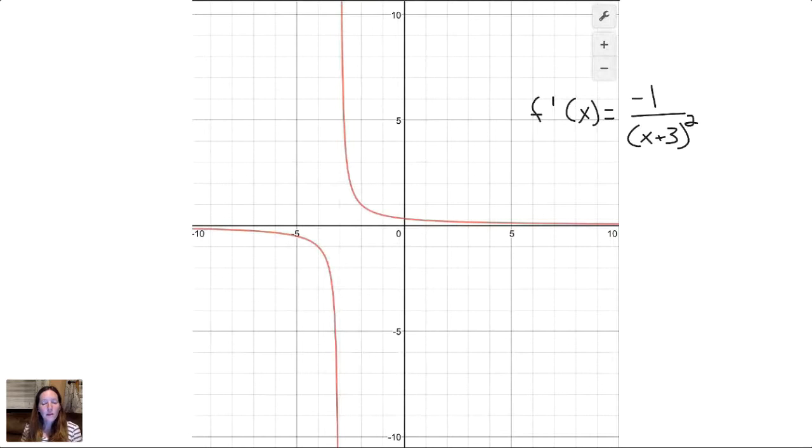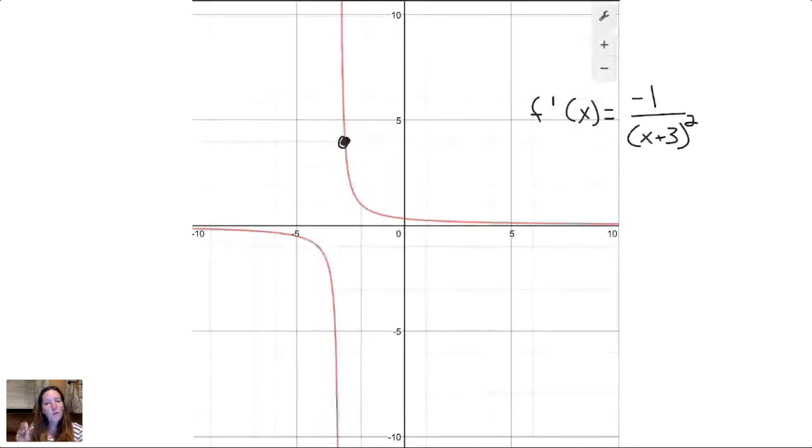So basically what that means is I can pick any point on this graph, and I know what the slope of that function is at that point, right? I could make a tangent line, and I would know what that slope would be, which is really cool, right? I can find the slope now of any point on that curve.